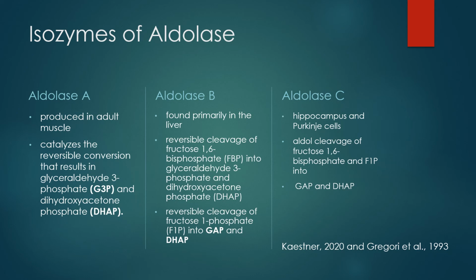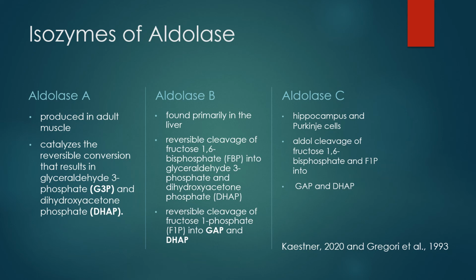Now, there are 3 types of this enzyme, aldolase: A, B, and C. A is produced in adult muscle, it's abundant there. B is very specific to the liver, the kidney, and the small intestines. And C is found in fetal cells and sometimes cancerous cells, but it's also found in the hippocampus and Purkinje cells in the brain.